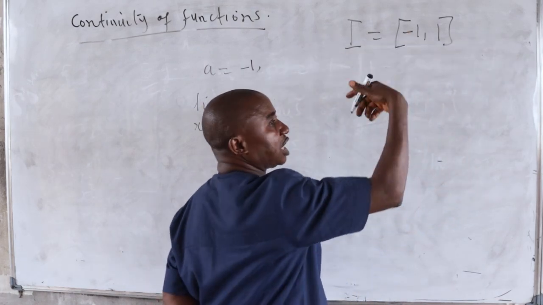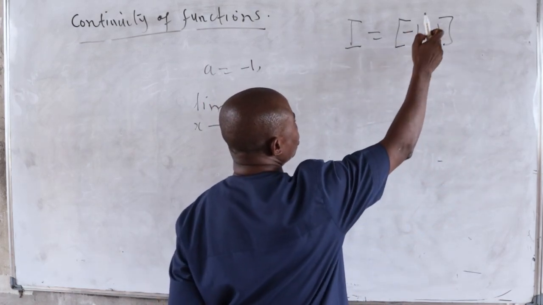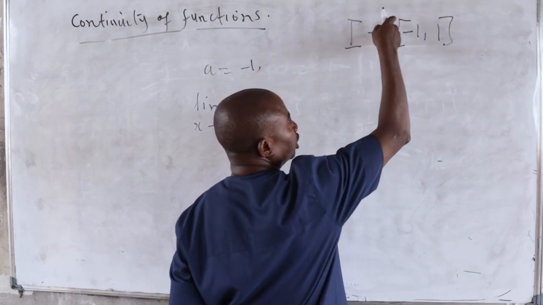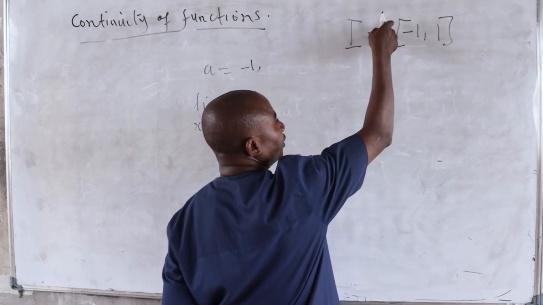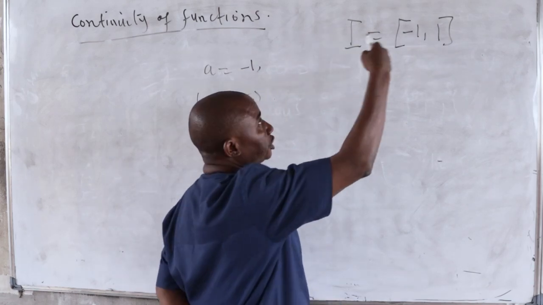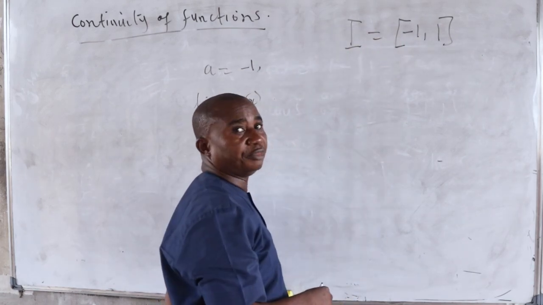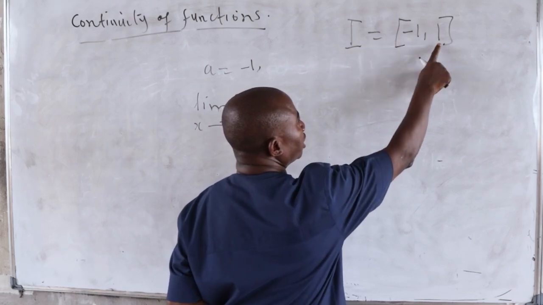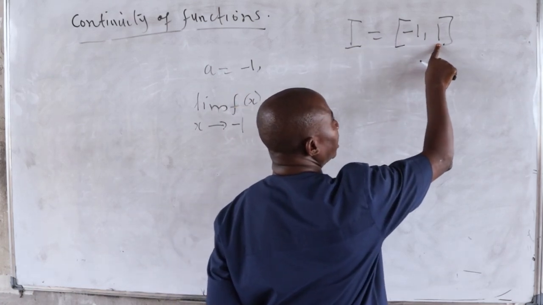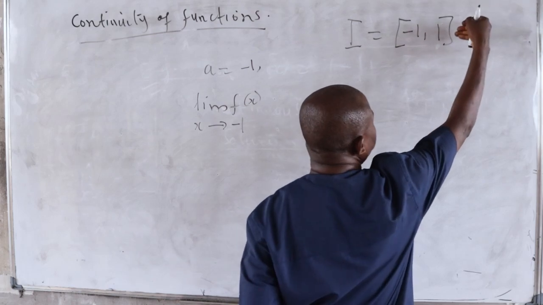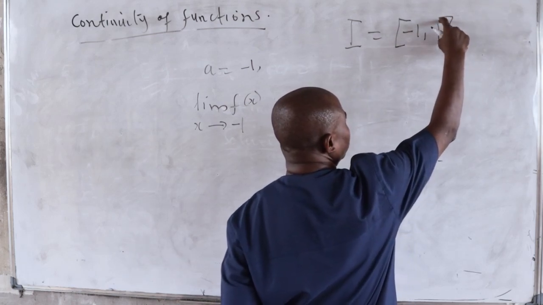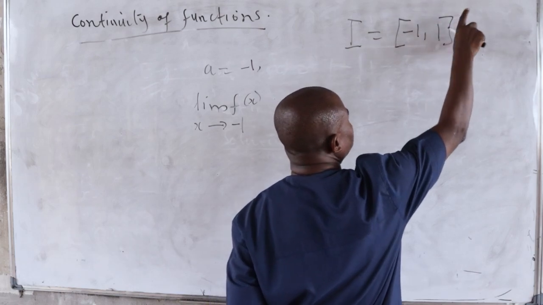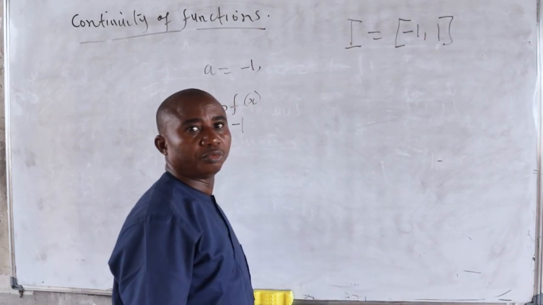So we can only consider what is happening at -1 for all x greater than -1, that means from the right, because from the left, f is not defined beyond -1. So we shall not be talking about the left-hand limit when we are considering the endpoint -1. In the same way, we cannot consider the right-hand limit when we are considering the endpoint 1. We can only consider the left-hand limit because beyond 1, this interval has no meaning.